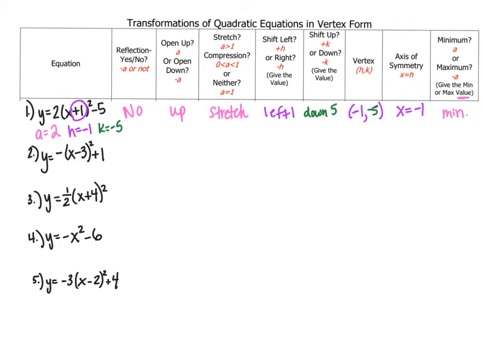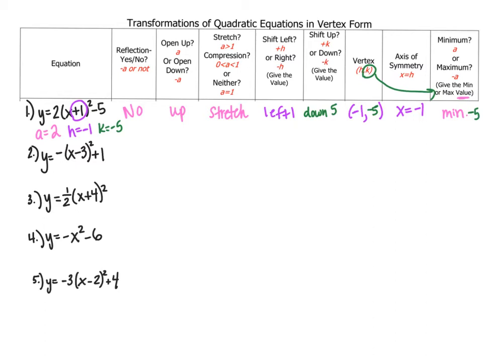And that is actually going to be the value of the max or the min. So we can say that we're going to have a value of negative 5. We find if it's a max or a min by looking at our A value. Then we find the value by looking at the K value.